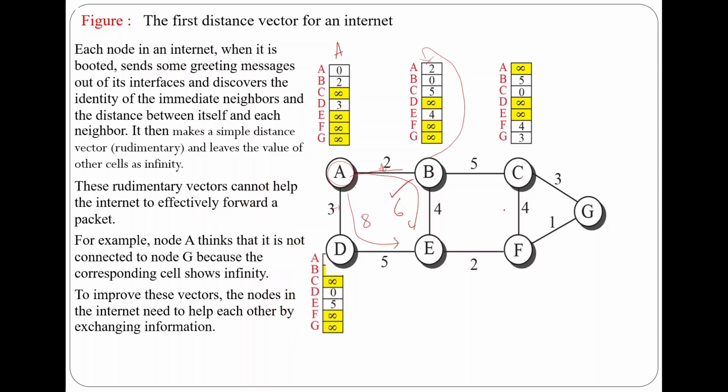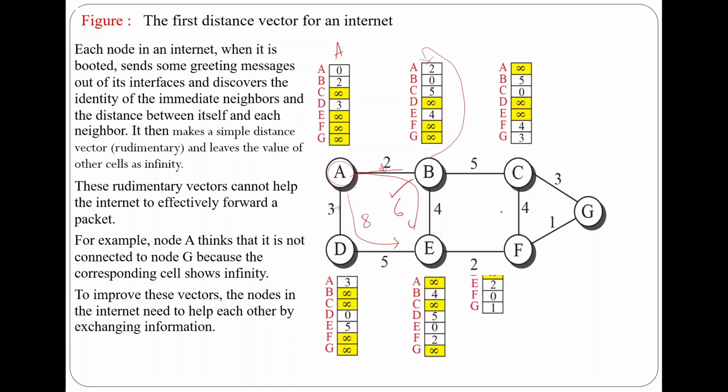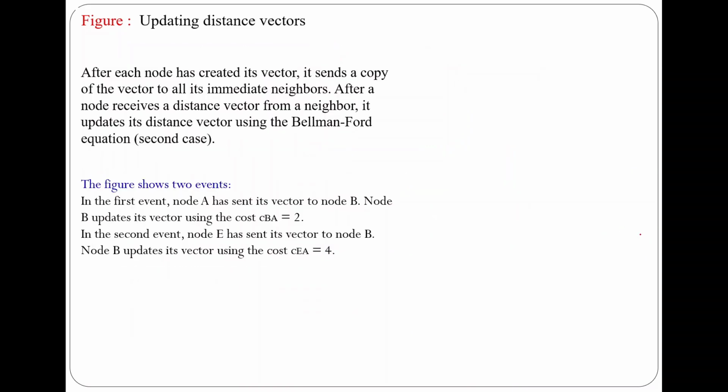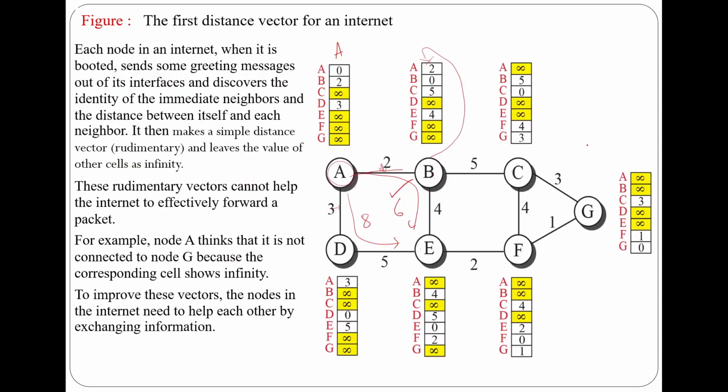Okay. Similarly for D also. Similarly for E also. Similarly for F, and finally for G also. You can have infinity values as well as 0 as well as some path values. Okay. So this will all happen in the first cycle.